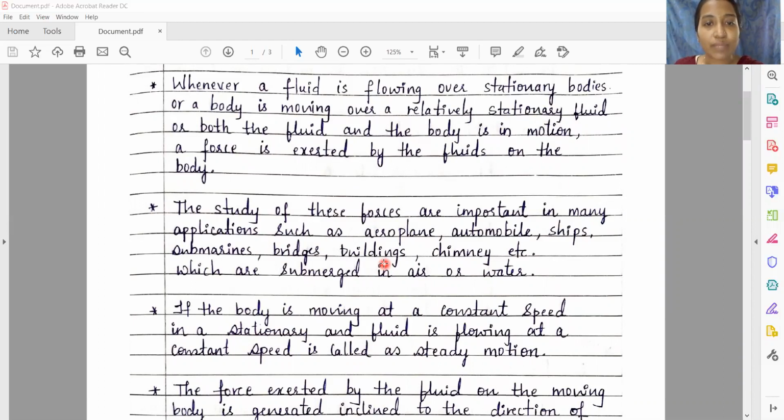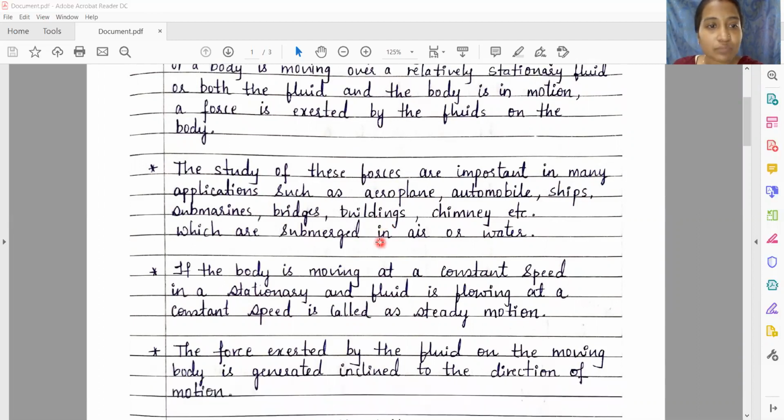In the same way, buildings, trees, even human beings are submerged in air. The air and the liquid we call a fluid, because it has the ability to flow.